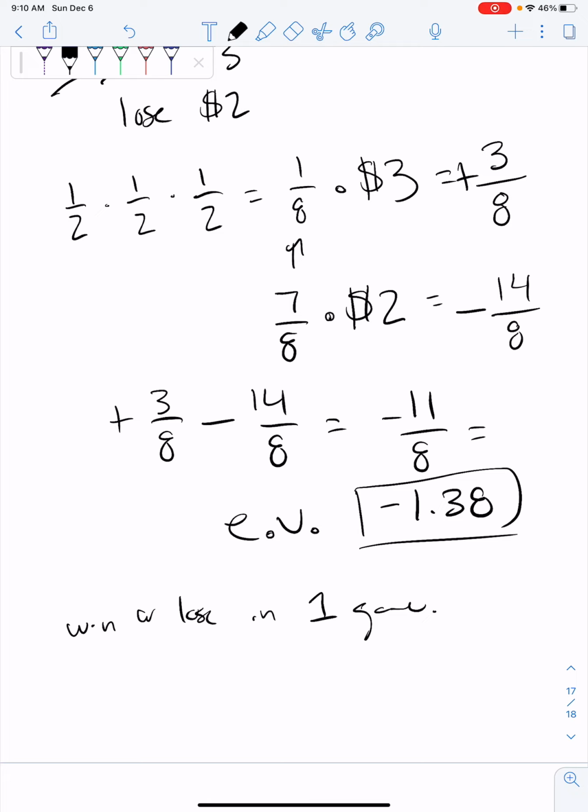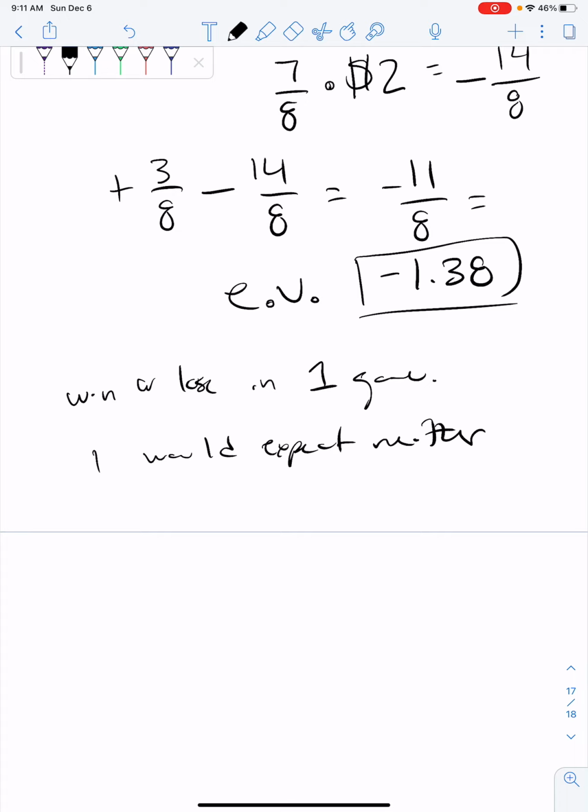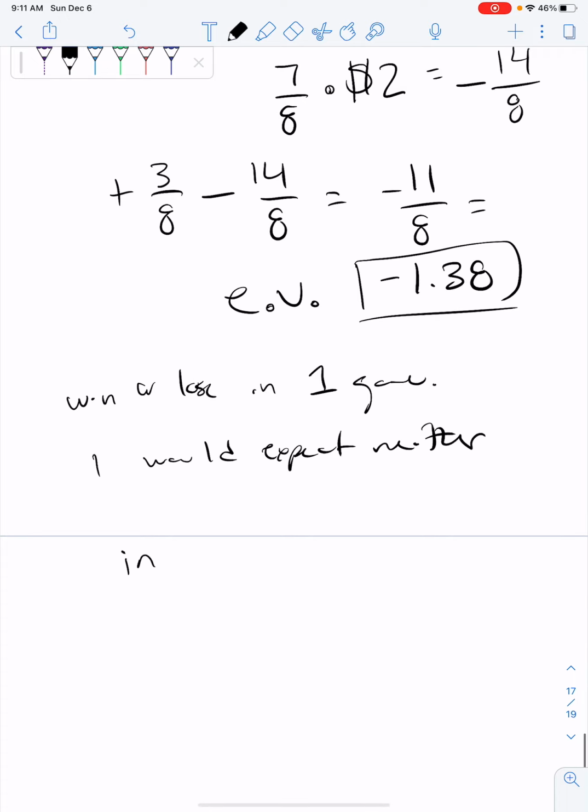Okay, your answer should be, I would expect neither, because the outcome of one game can't be predicted. You know what the chances are, but you can't predict the outcome of the one game. Okay, then the second question, it goes on to say, would you expect to win or lose in 100 games? Well, if I did this 100 times, I would expect to lose overall.